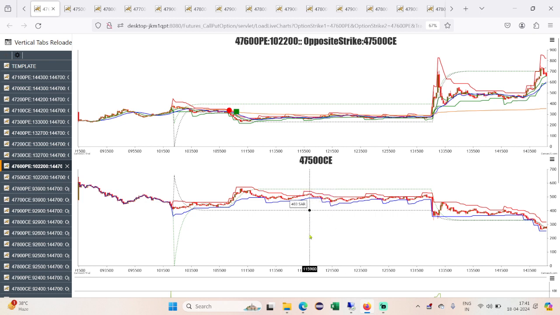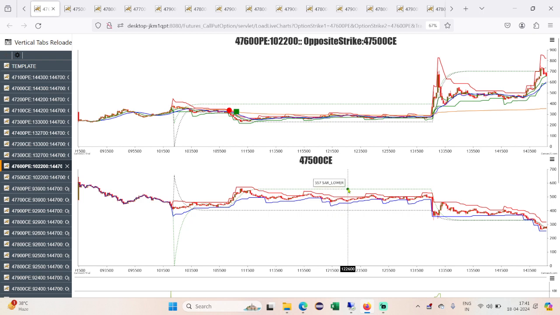These lines are actually proprietary indicators developed by me, and I've finalized it over many years. I've been working on this software for at least 5 years. And these two lines are proprietary indicators, and these form the basis of the generation of the signals.